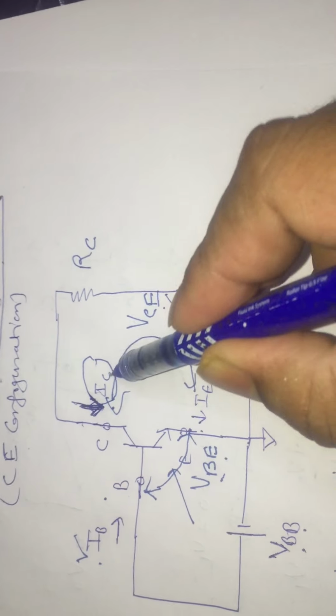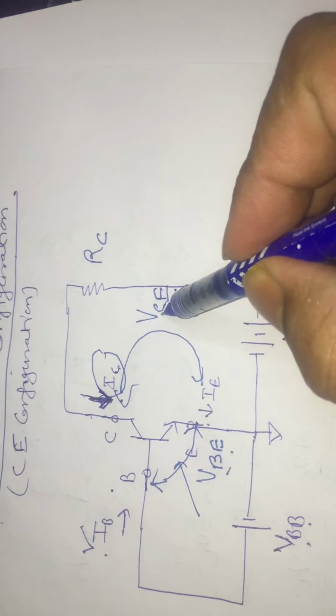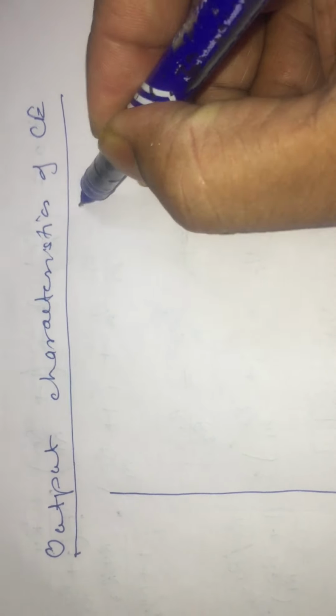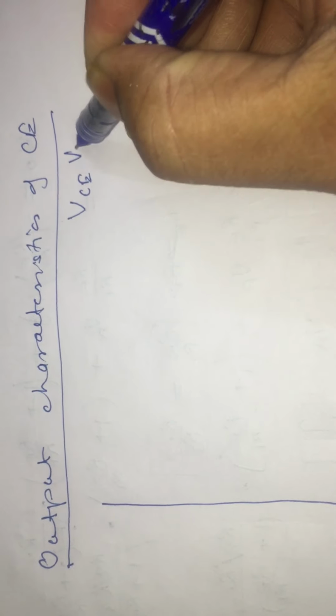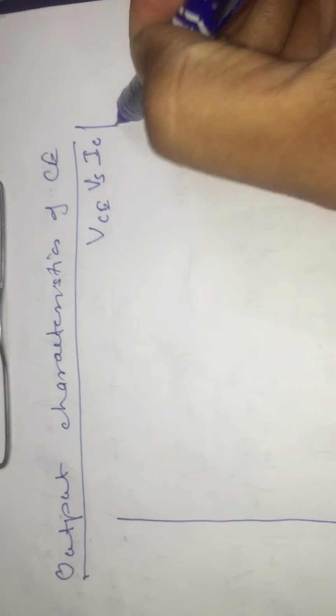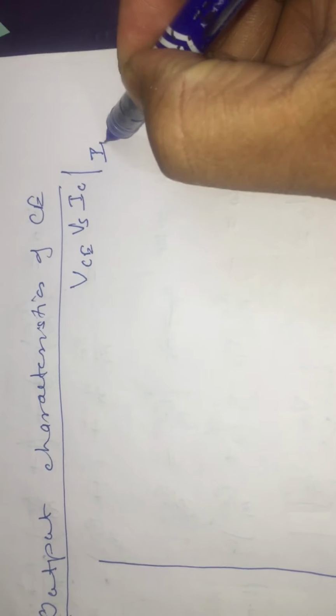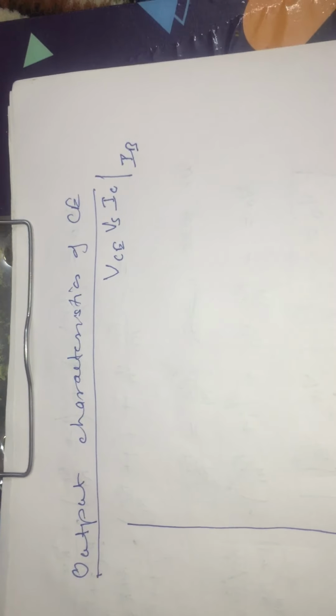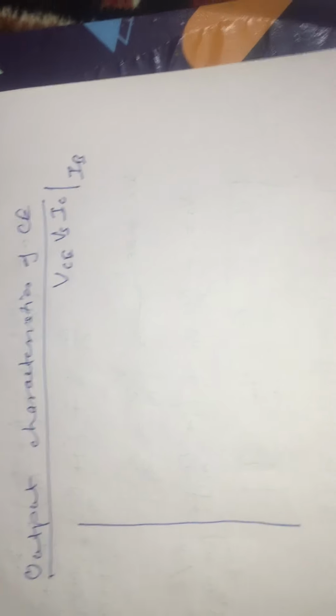It is a relation between VCE and IC, and the value of IB will be constant. This means we have to plot a curve between VCE versus IC for a constant value of IB, or for different values of IB.